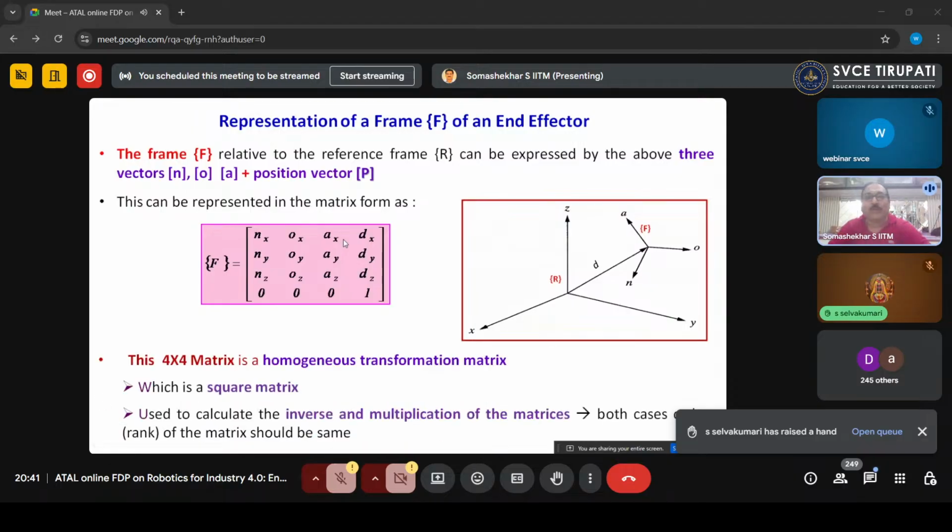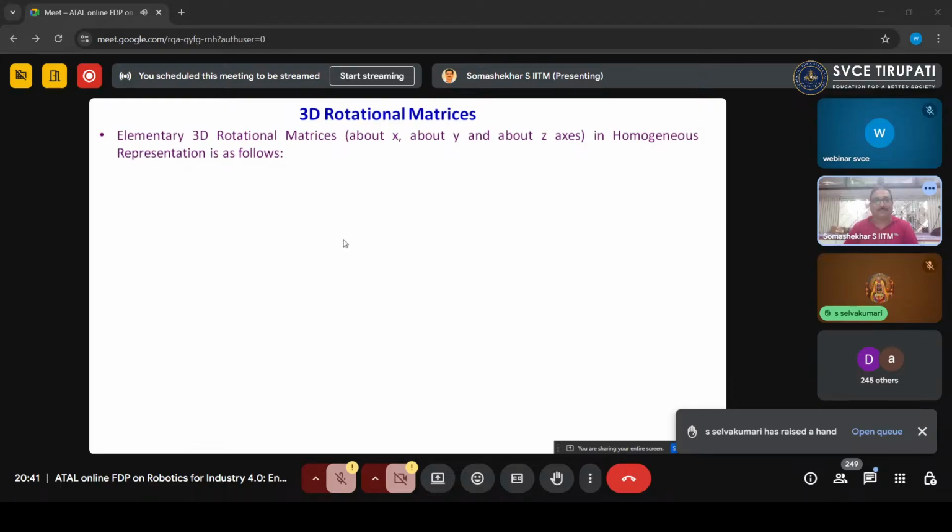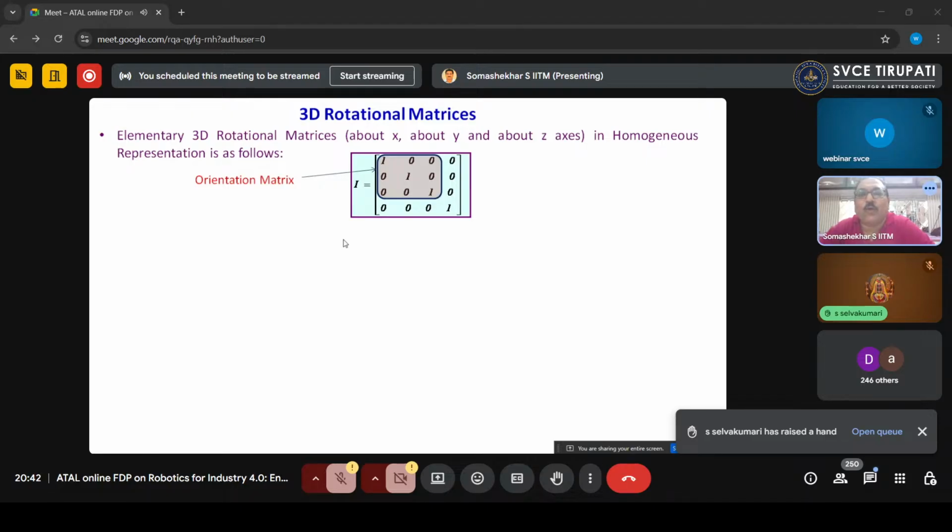Please note, this 4x4 matrix is a homogeneous transformation matrix, a square matrix used to calculate the inverse and multiplication of matrices, because in both cases the order of the matrix is the same. This is the identity matrix: the top 3x3 is the orientation matrix composed of only cos theta and sin theta.